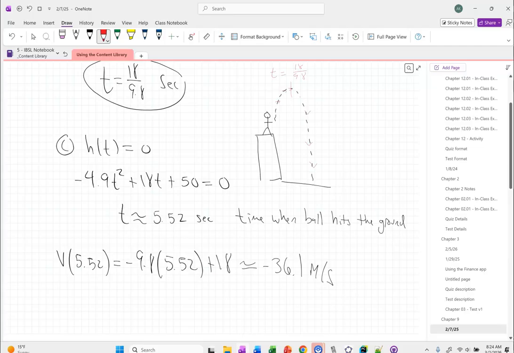And its velocity becomes more and more negative the longer it's falling, right? Because it's picking up speed until, physicists in the room, what happens? It reaches a terminal velocity at some point where the friction of air offsets the acceleration due to gravity, and the ball would stop increasing in speed.